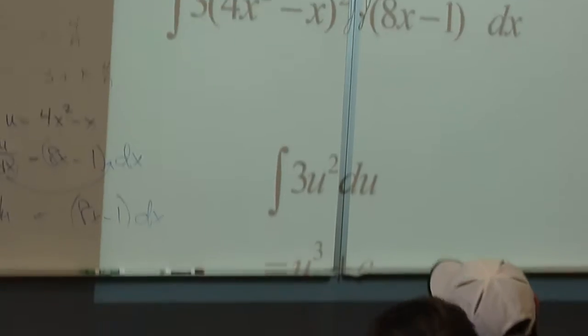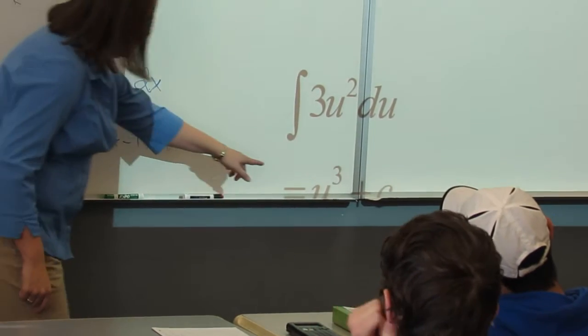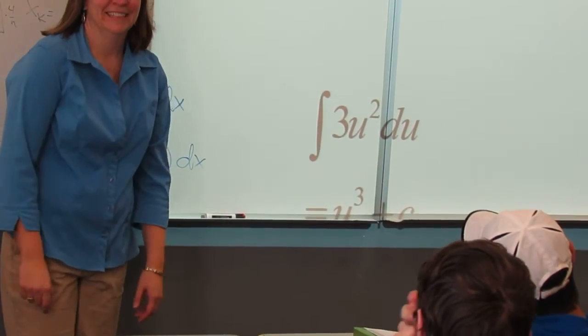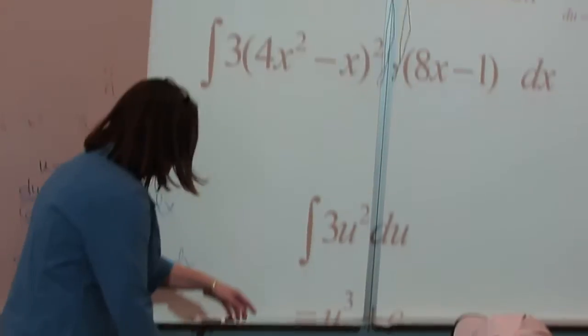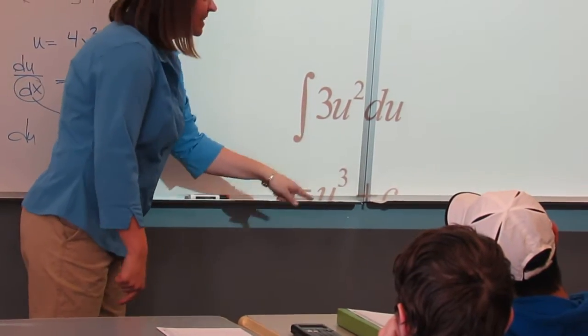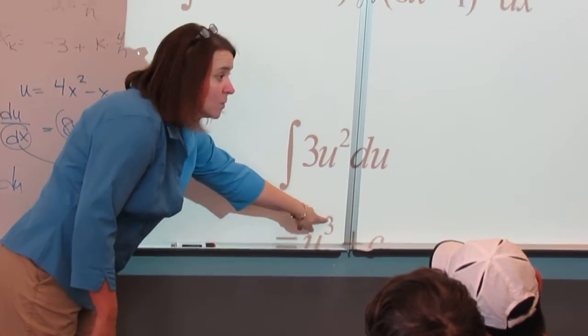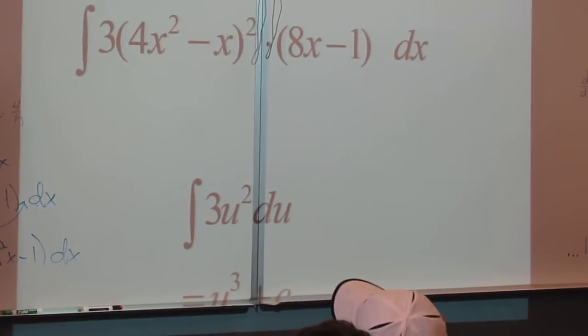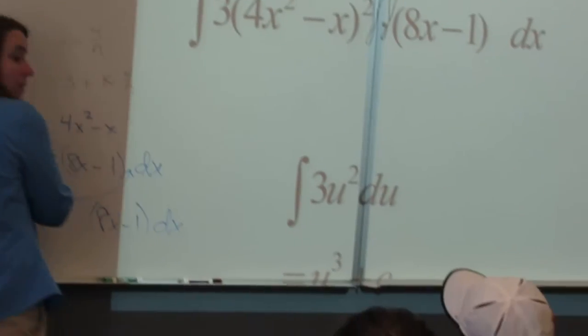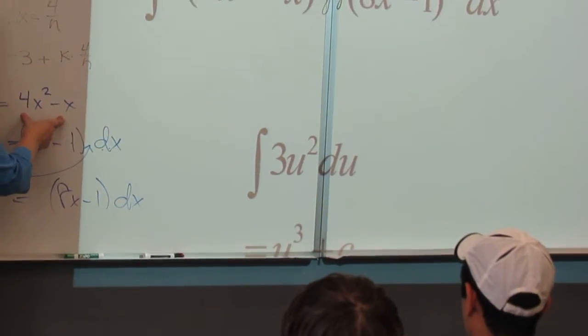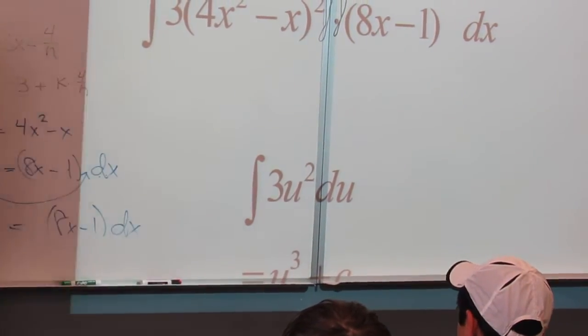Divide by the new coefficient. We learn as we go along. U cubed plus c. Because its derivative would be 3u squared. And then the last step, whatever u was, this is quadratic, you plug it back in.